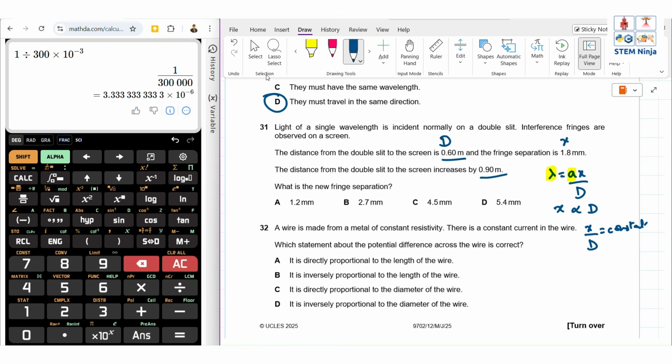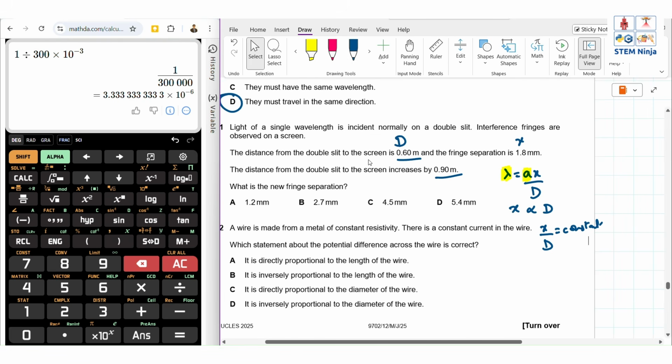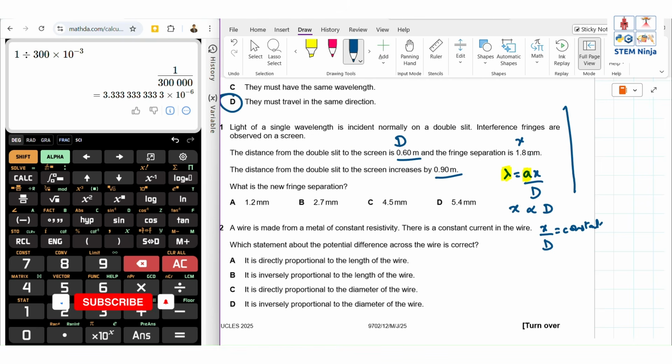So what happens is that previously you have D 0.60, and the fringe separation is 1.8 times 10 raised to power minus 3. Now we are increasing D to 0.90, so this becomes 1.5.